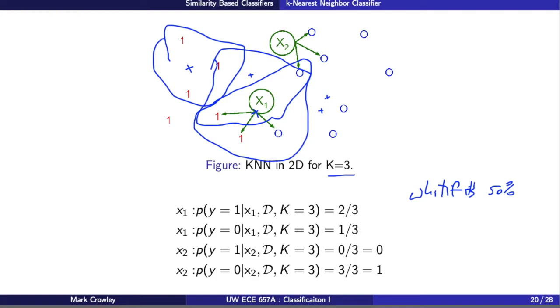For every implementation of a KNN algorithm, there has to be a tiebreaker that would say, how do you determine the right class if you don't have enough data? And there's no right answer necessarily.